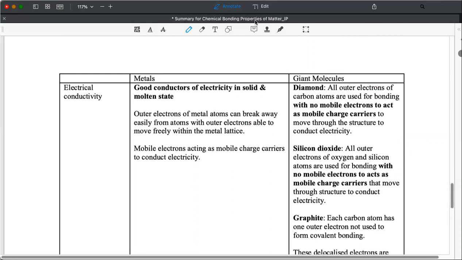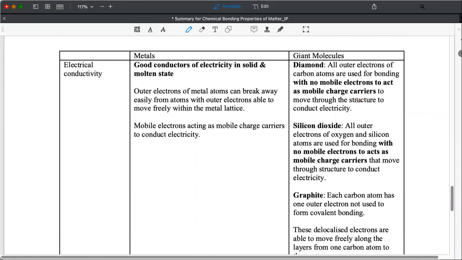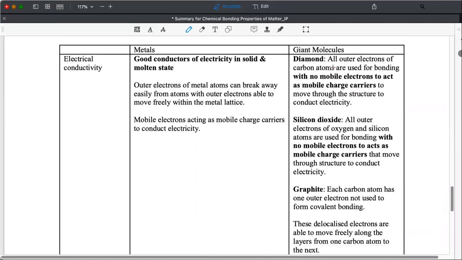As for giant molecules, diamond is not a conductor of electricity because all the outer electrons are used for bonding, with no mobile electrons available to act as mobile charge carriers. So in explaining the electrical conductivity, talk about the bonding, talk about the structure, mention the mobile charge carriers, whether they have or they don't have.